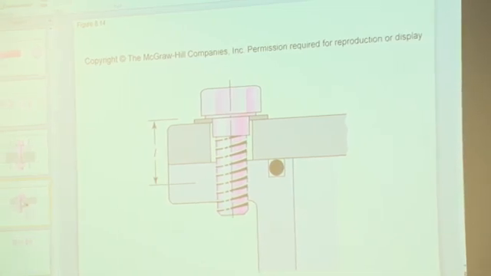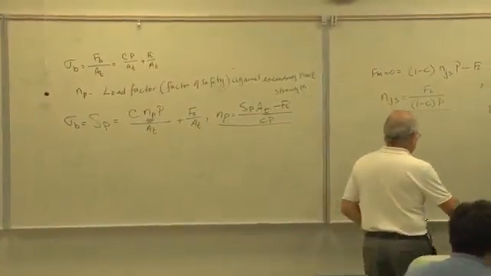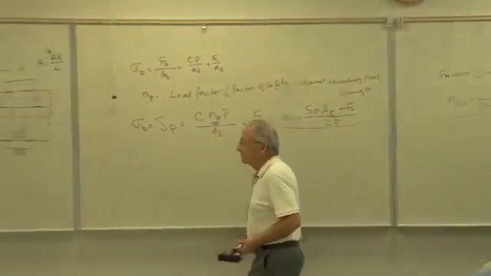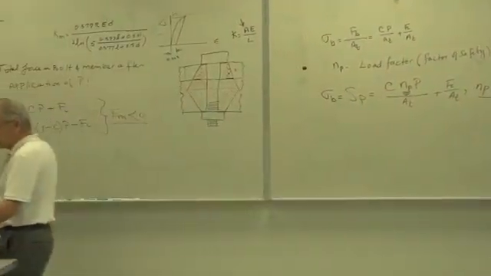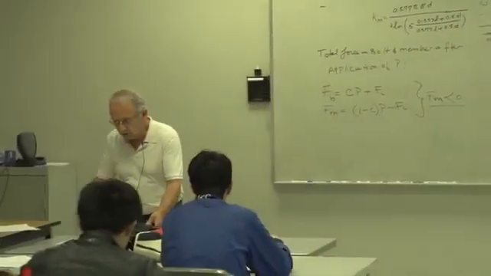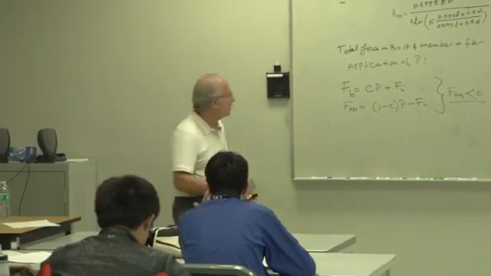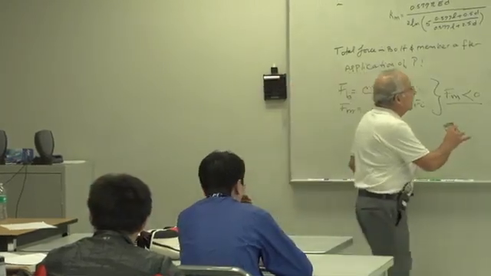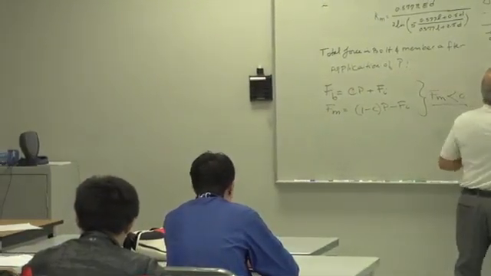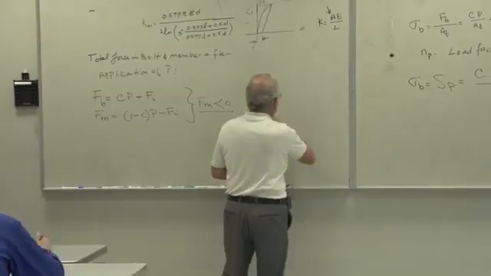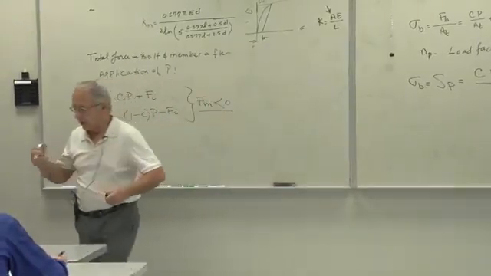So I can put something on the board here. Maybe I'll just draw it very quickly. You get a much better view of it, or it looks much better if you take a look at the picture in the book. But it looks like this.